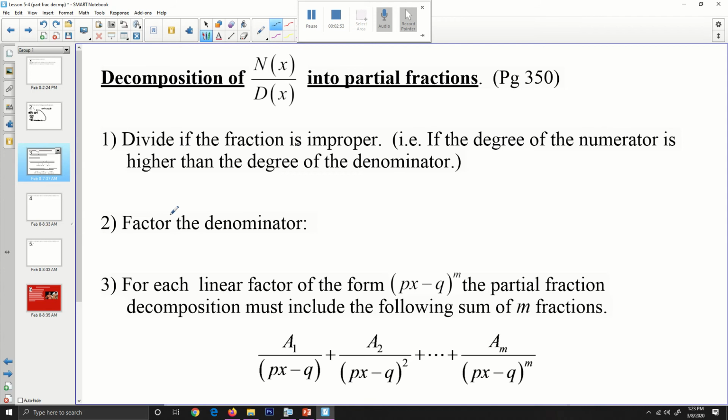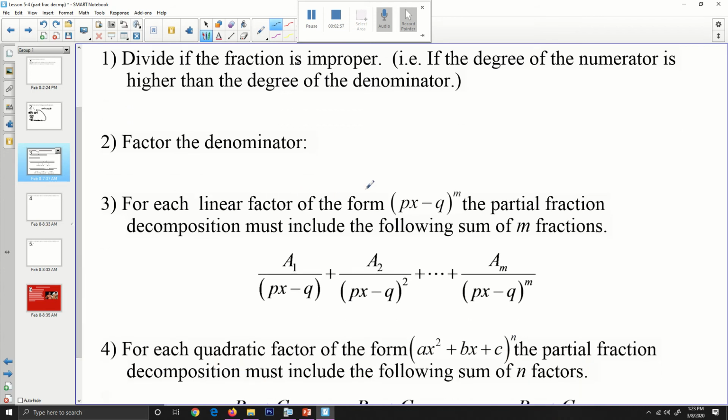Then you're going to factor the denominator, and for each linear factor of the form px minus q to the m power, the partial fraction decomposition must include the following sum of m fractions. Now, if you only get a single version of that factor, you only have to put it once.